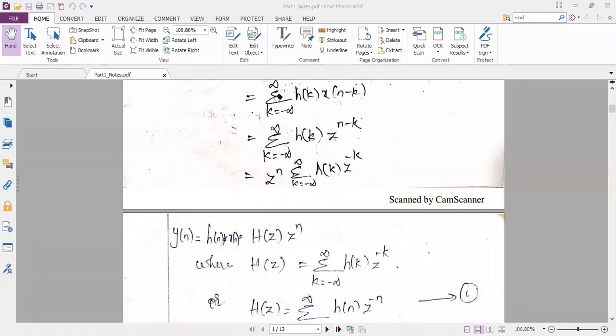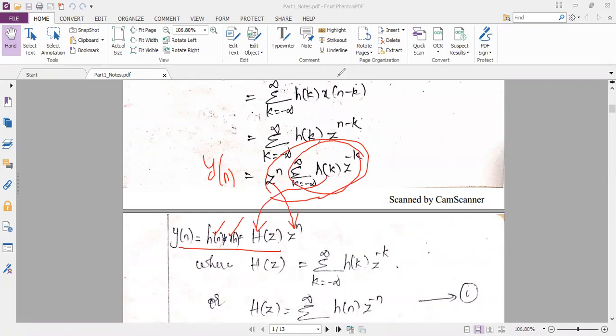Then the next step is, if you see here in the screen, left hand side is y of n only. So y of n, we know it is convolution of h of n into x of n. So this equation I can write in a simplest way. So we will be keeping it as z power n only, whereas the summation h of k z power minus k can be written in terms of capital H of z.